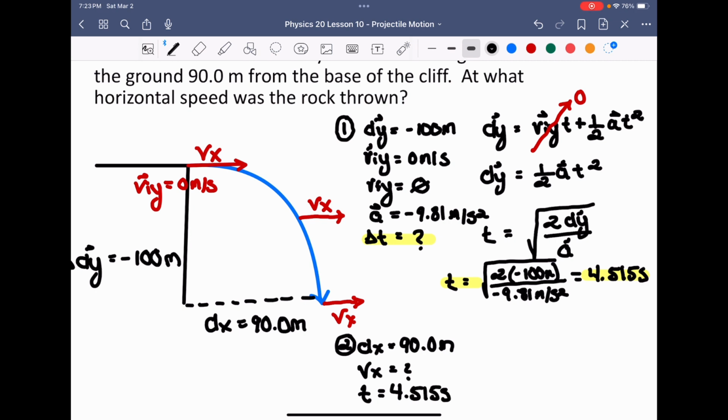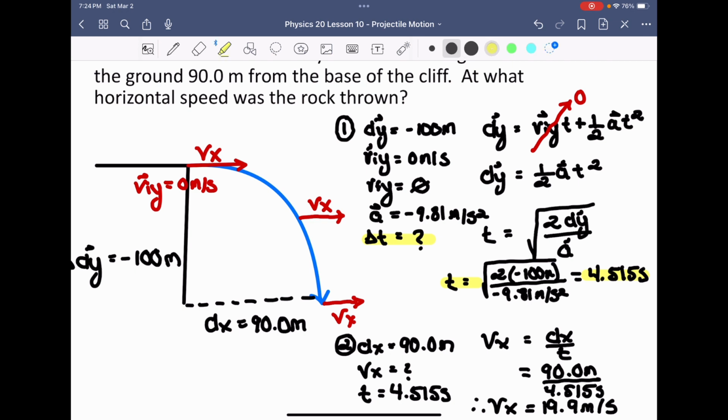Now, in order to get our speed, we say Vx is equal to dx divided by time. I'm going to plug in my values for dx, which is 90.0 meters, divided by the time, which is 4.515 seconds, and therefore my speed in the x direction, because this is a scalar quantity, is equal to 19.9 meters per second. There's my answer.